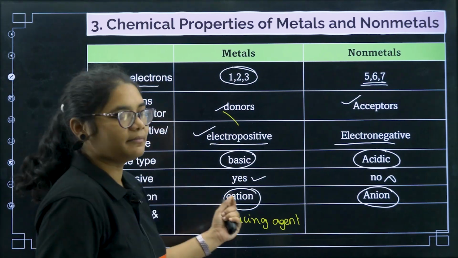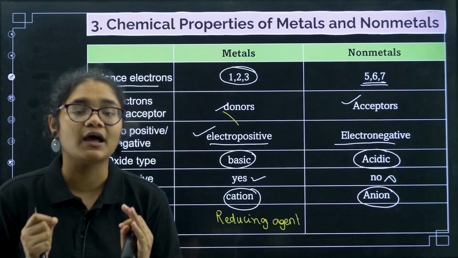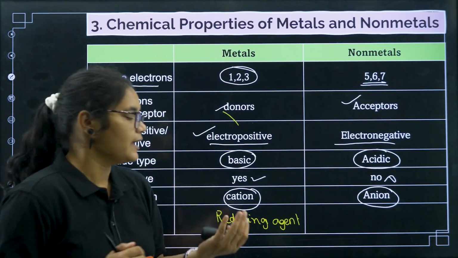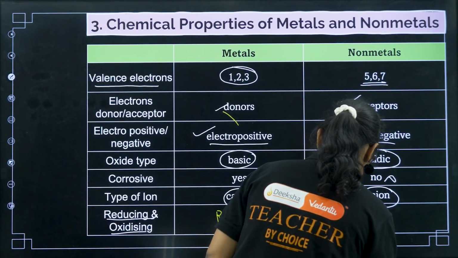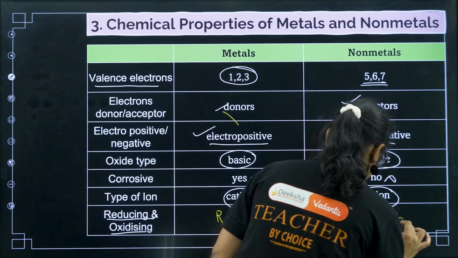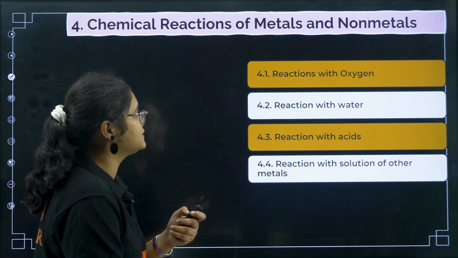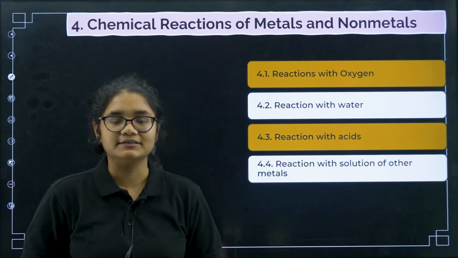In case of non-metals they are accepting electrons. Accepting electrons means they are undergoing reduction, and they behave as oxidizing agents. Okay, clear? Now let us see some reactions of metals and non-metals.